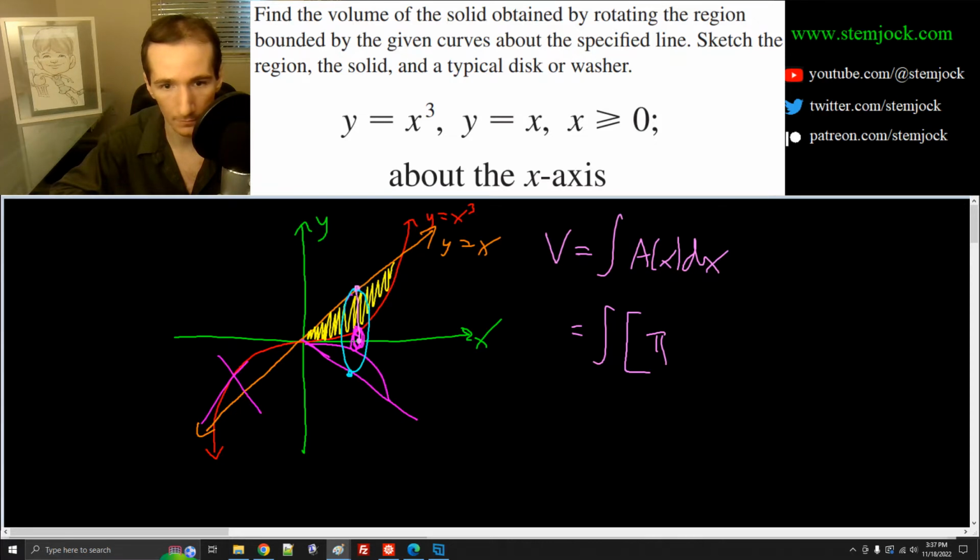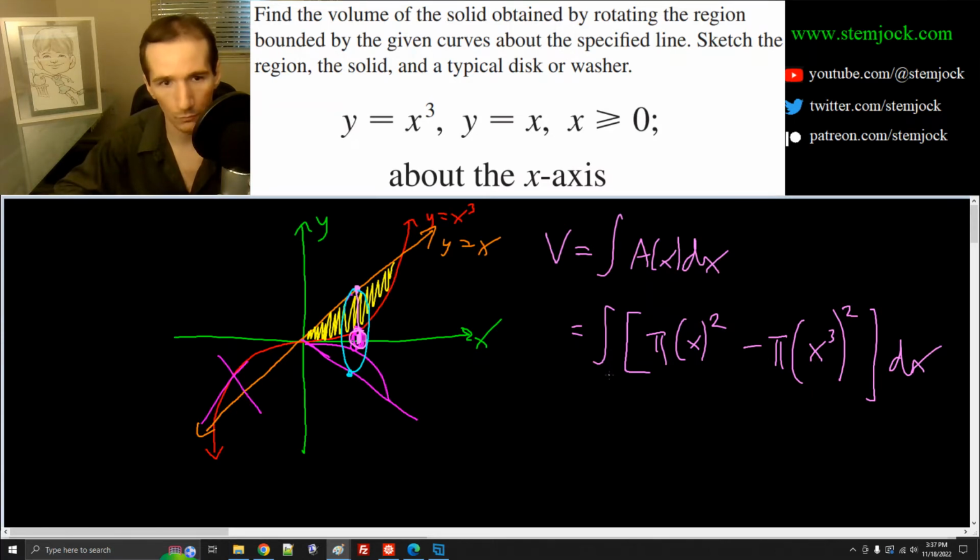I'm just going to call it x here. And I'm going to subtract the area of this smaller disk within. So it's going to be pi times, what is the radius of this? That's going to be the height, which is, the height of the red curve is x cubed. And radius squared, and then dx.